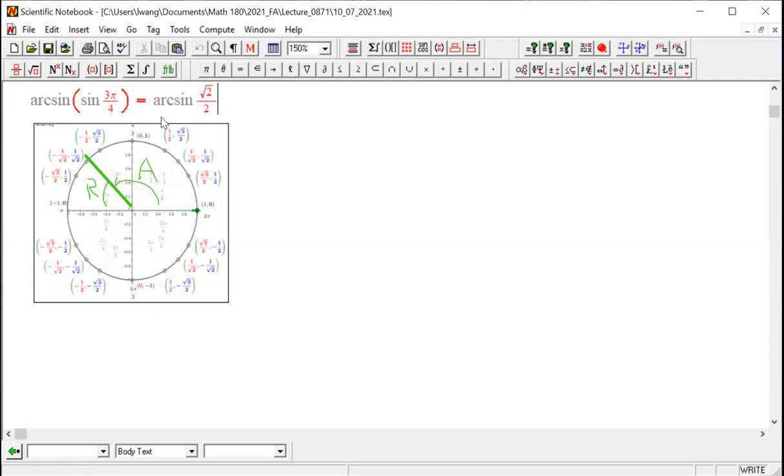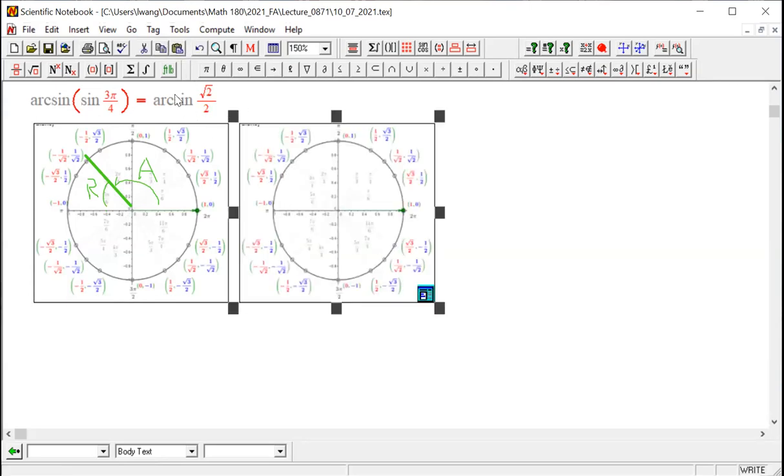Then you work with the ArcSine. ArcSine says, now you know the sine ratio is √2/2. You look at the unit circle for √2/2. How many do you get? You have one over here and one over there, because ArcSine takes the ratio to get you the angle.